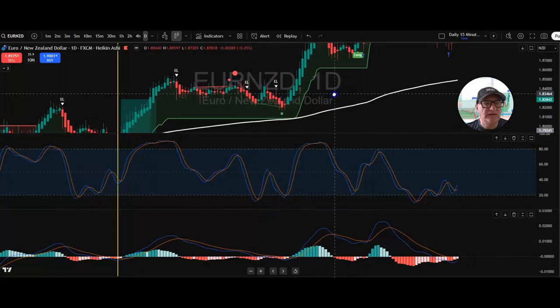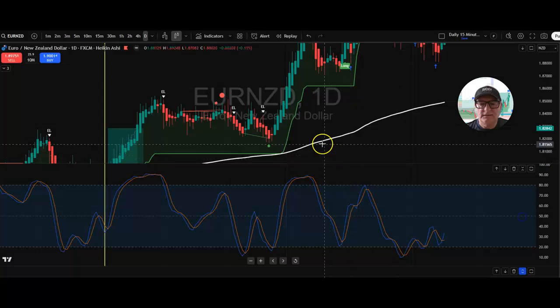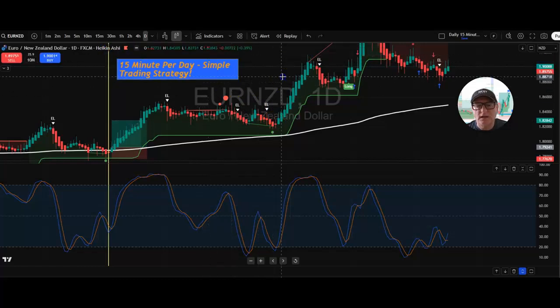So the entry point here, Euro New Zealand, is there. See that pull up there? And therefore the price starts to make a move. Green Heikin-Ashi charts are really important.